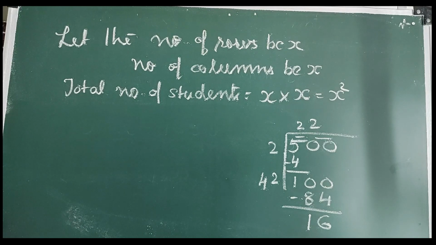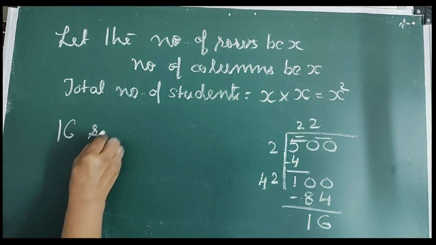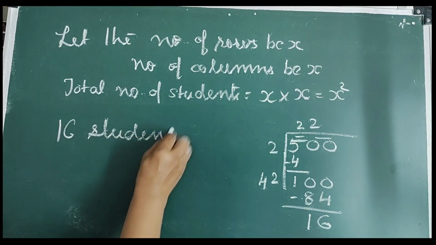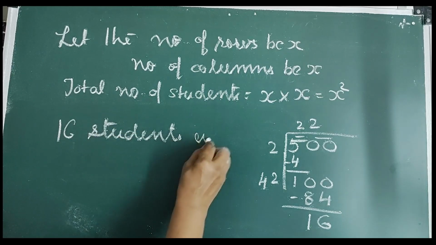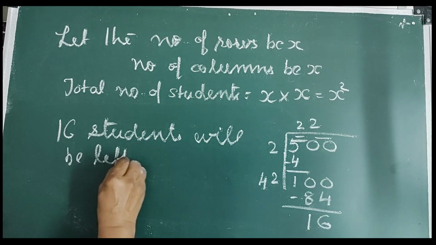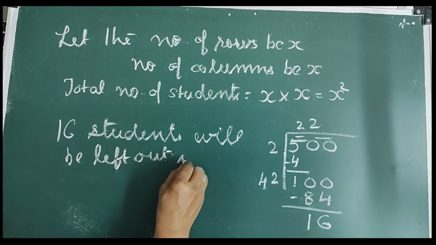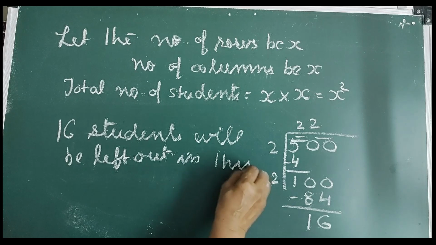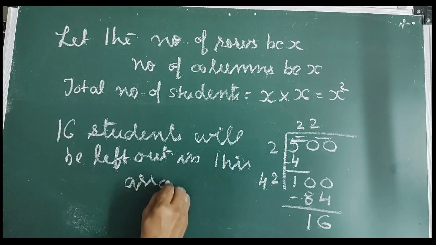We subtract 16 from 500 to get a perfect square. Therefore, 16 students will be left out in this arrangement.